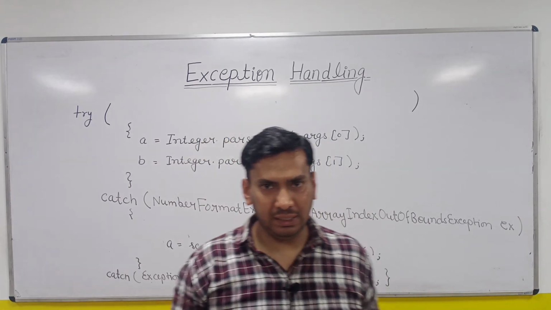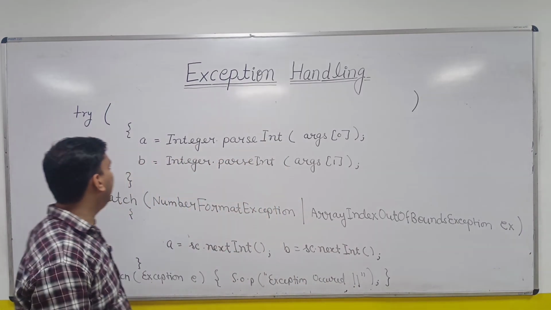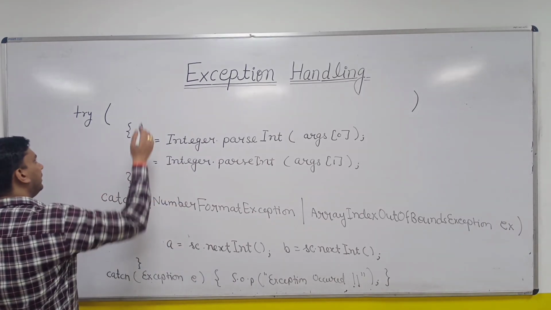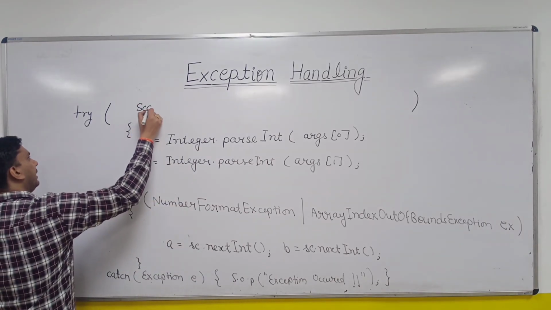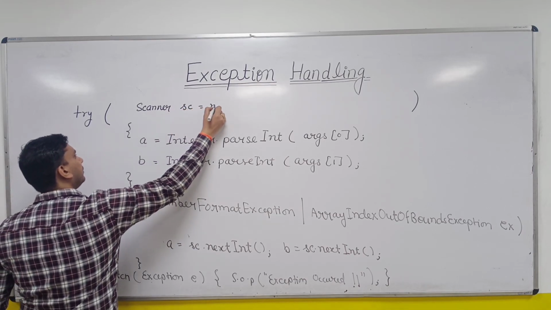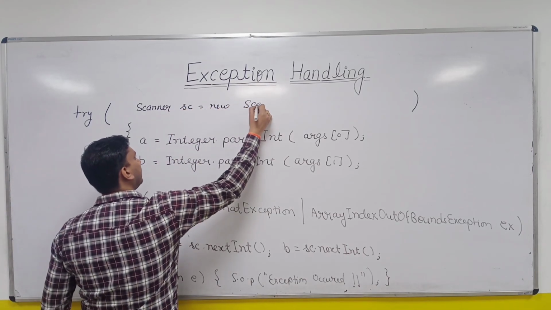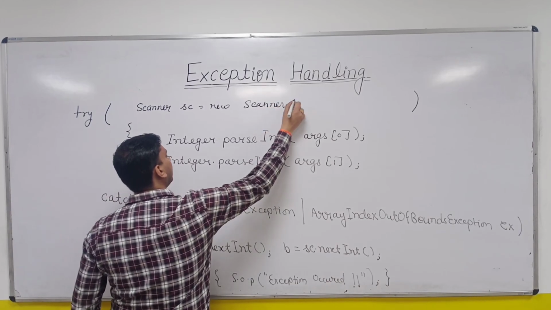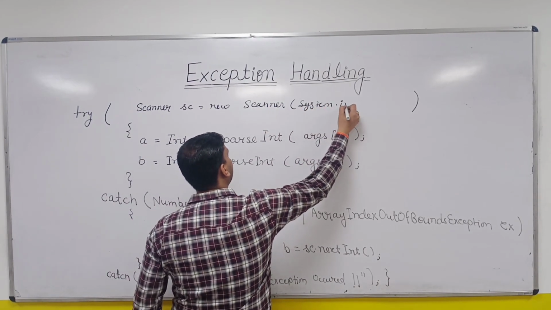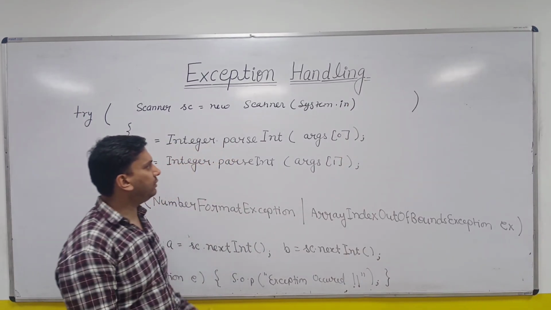Only the object of a class which is a subclass of AutoCloseable can be created here in the try with resource, right? So let's say I want to create a Scanner object. So I create here Scanner with System.in. So I have created a single resource here.